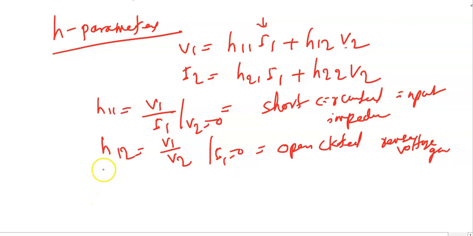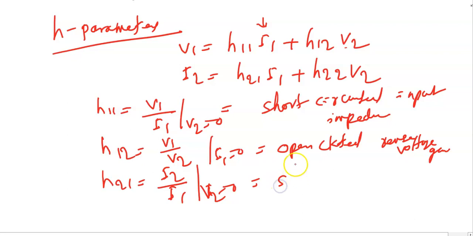Then come to H21, which is I2 upon I1 when V2 equal to 0, that is short circuited, negative of the current gain.